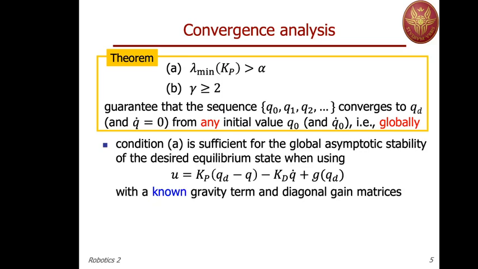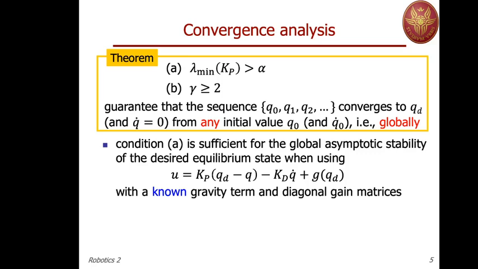Now let's comment on these two conditions. The first one is already known, and is in fact the sufficient condition that guarantees that we obtain global asymptotic stability if we are using a PD plus exact gravity compensation at destination.